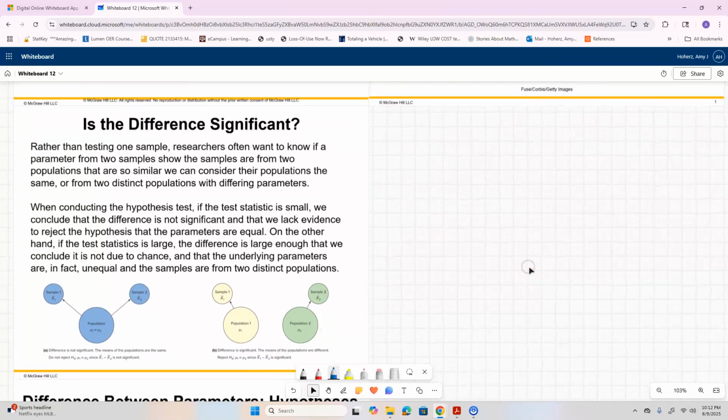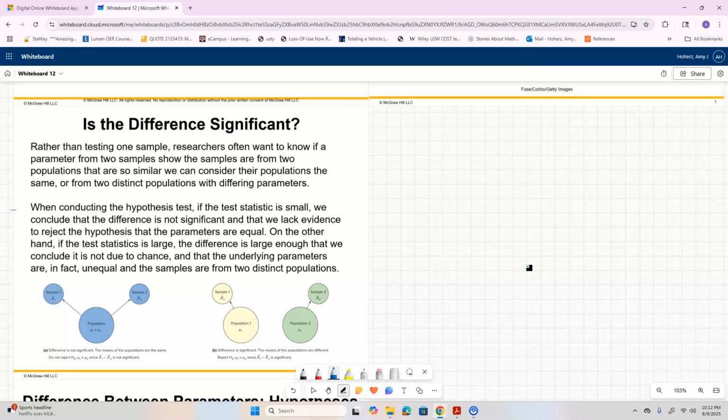So when we're talking about this type of hypothesis testing, rather than having a new sample that we're comparing to prior information, researchers sometimes want to know if a parameter from two samples shows the samples are from two different populations that are similar, or if they are from populations that are so distinct that we would consider them as different populations.